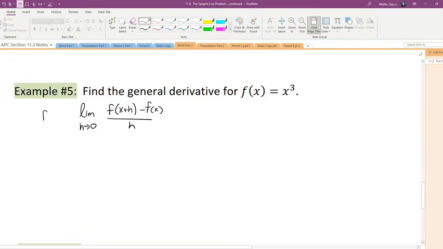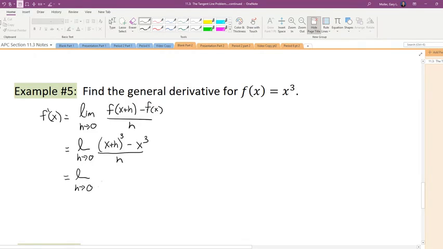This would be the derivative of f of x. So in our case, we're going to have a limit as h goes to 0 of x plus h cubed minus x cubed over h. All right, equals the limit as h goes to 0.